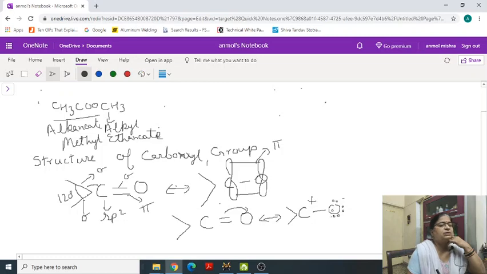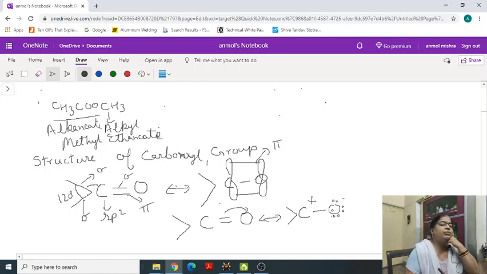Now the carbon acquires positive charge, it behaves as Lewis acid. This carbon is electrophilic, and the oxygen acquires negative charge, so it behaves as Lewis base, and it is nucleophilic.